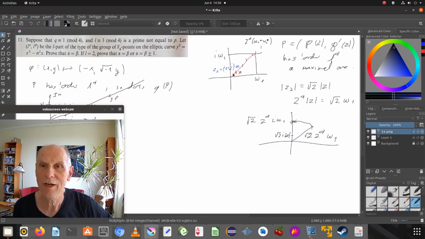We are assuming now that this point has maximal order. And when we turn it inside, that's the same as adding I times it, just rotating. So when we hit a lattice point up here, let's say it's the first one, just for sake, then the next one should hit 2 up there.